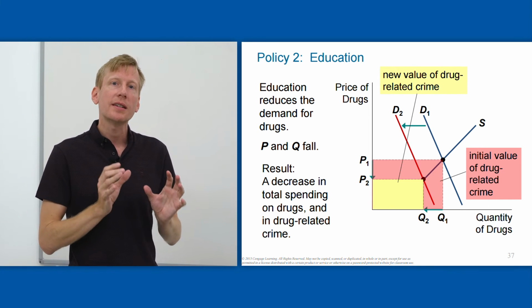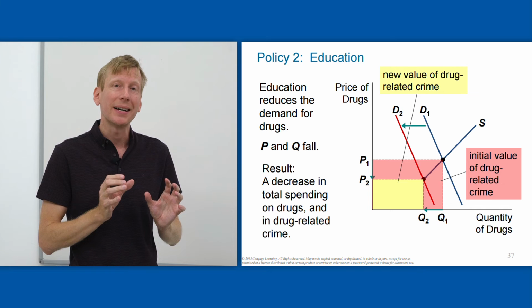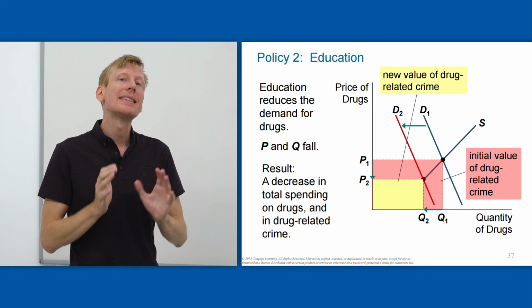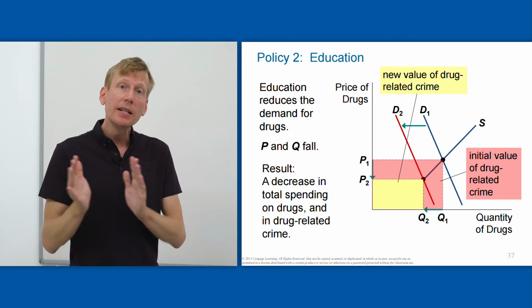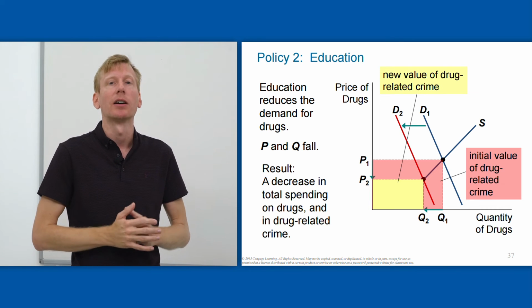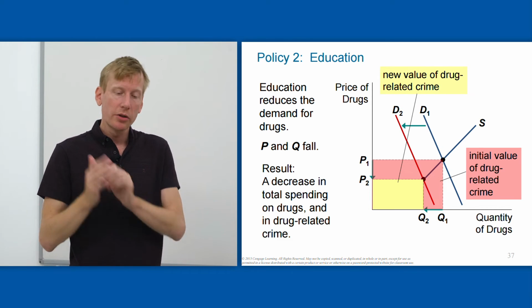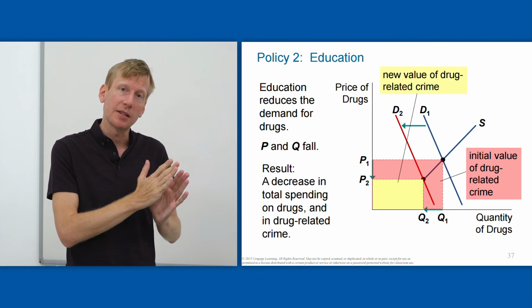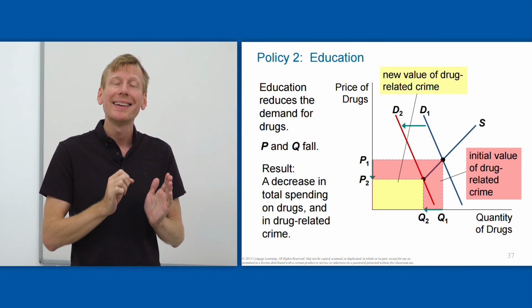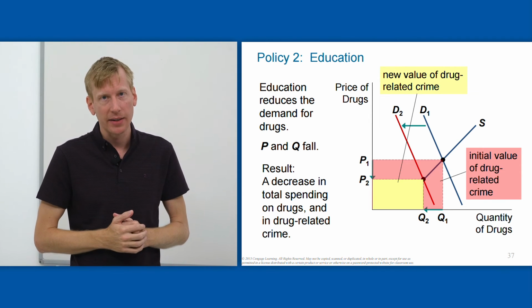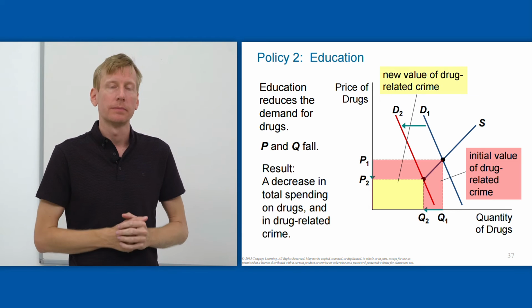Now, the goal of a successful drug education policy is to decrease the demand for heroin. If we decrease the demand for heroin, we would shift along that existing supply curve, and we would reduce both the quantity and the price of heroin at equilibrium.